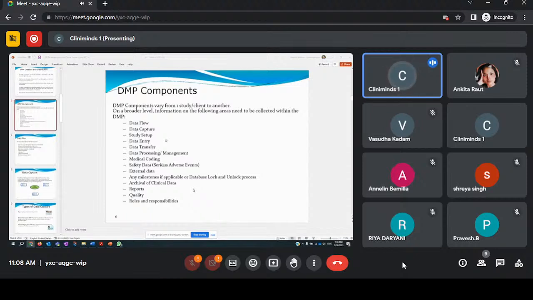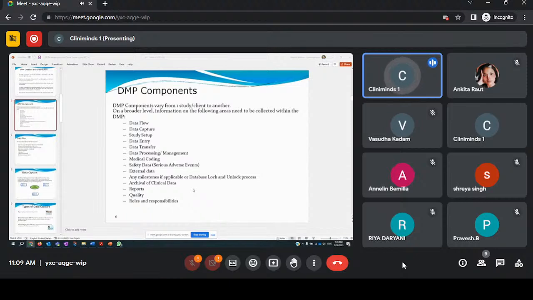So all types of milestones will be given in the DMP, and regarding those milestones, there will be timelines given. For example, when interim analysis should be done, when database lock should be done, when all the data should be clean, what are the timelines, what are the frequencies of any procedures, like external data reconciliation, safety data reconciliation, medical coding procedures.